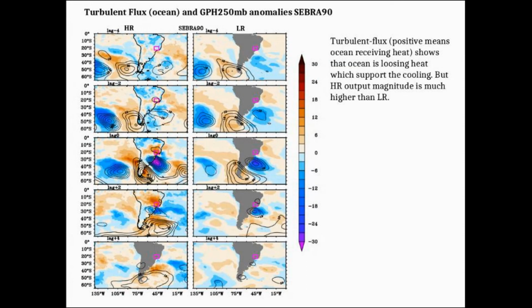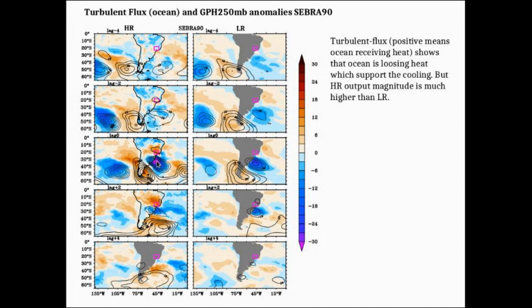Now, to see the geopotential height, which is a signal from the teleconnection from the Pacific, and the wind in these two models in comparison to observation.